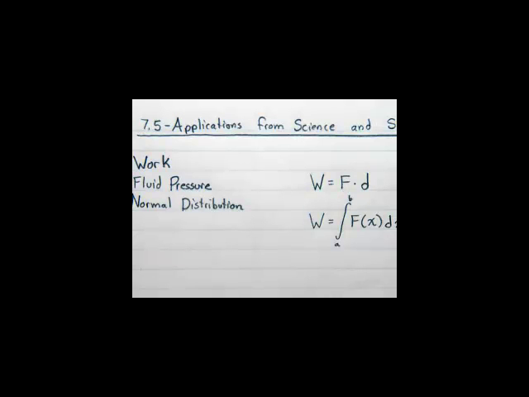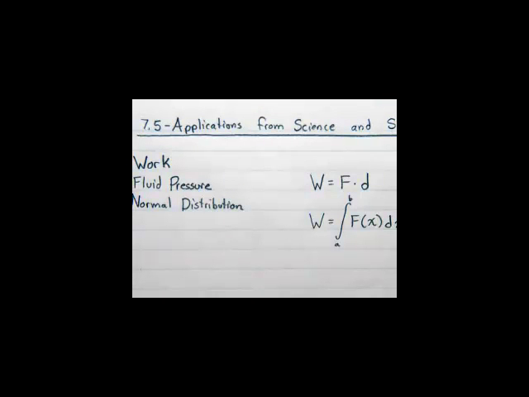So dependent upon where I am in my journey as I'm walking along, that force is going to be changing on me. It's a function of x. It depends on where I'm at in my journey as to what the actual force is that I'm feeling. So it's an integral. So I've got to think about adding up a bunch of little instantaneous forces along my distance and then getting the work done that way.